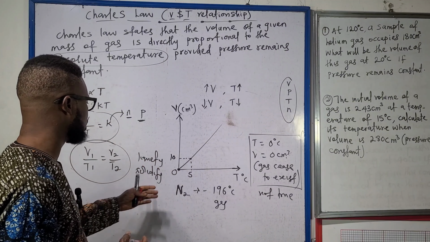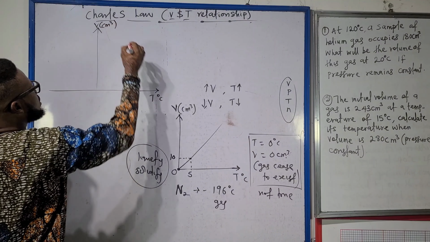So, owing to the fact that this is not true, the Kelvin scale was introduced, and it goes this way. This is temperature in degrees Celsius, and let this be volume in cm cube.